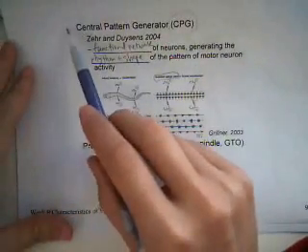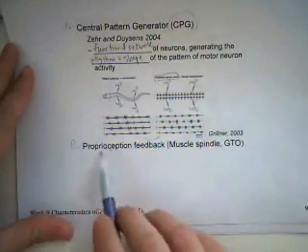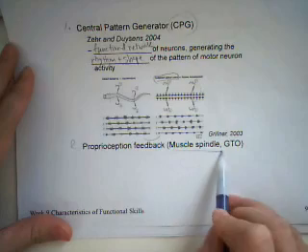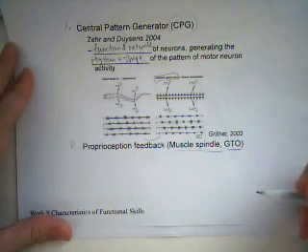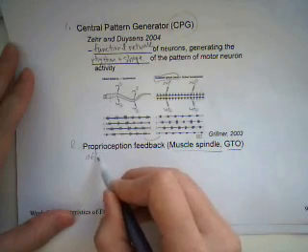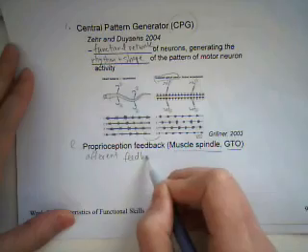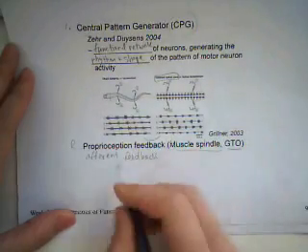So we have this central pattern generator as one factor, and the proprioception from muscle spindles or Golgi tendon organs is also important for locomotion, so we called this afferent feedback. And what was the third one?